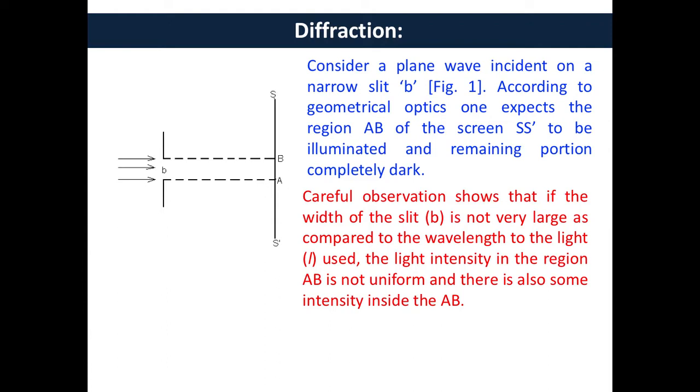Further, if we observe carefully, it shows that when the width of the slit is not very large compared to the wavelength of the light, the light intensity in the region AB is not uniform, and there is also some intensity lying inside the geometrical shadow.